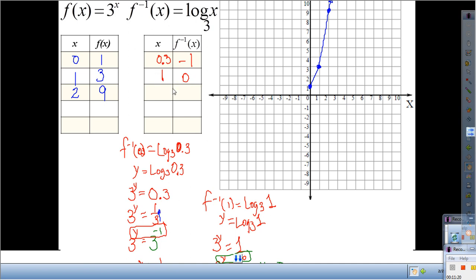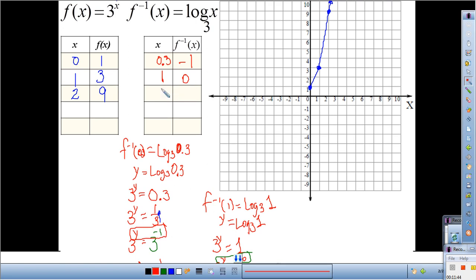So before we go to the next number, I'm not going to use 2. What would be the next value if we're thinking about multiples of 3? Yeah, I'm going to go with 3. So I'm going to do 3. All right, so then I write what? f inverse of 3 equals log base 3 of 3.